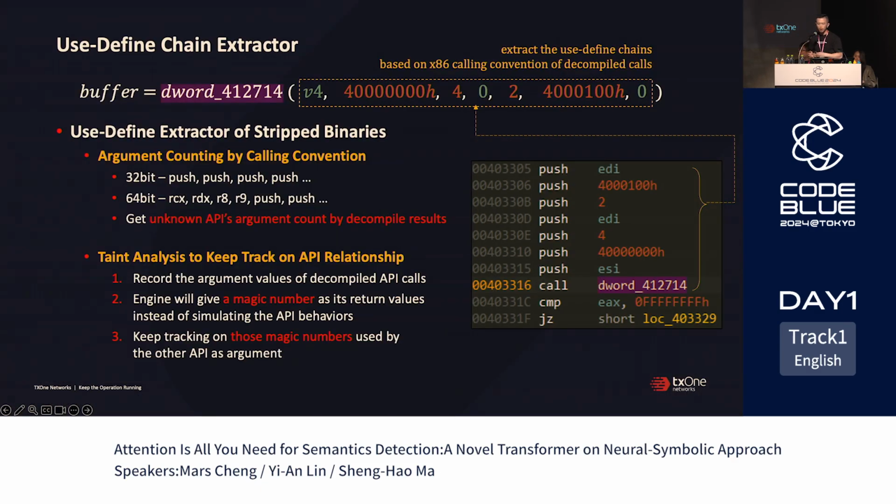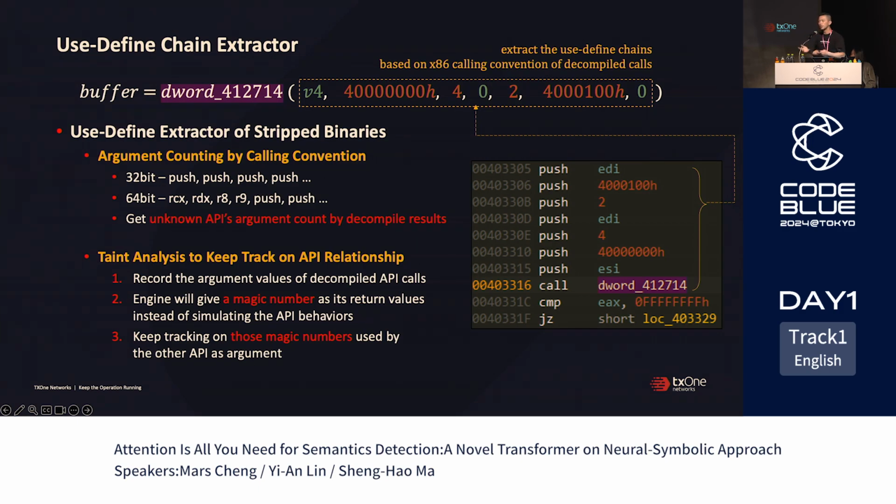So the first question is how do we extract the argument values from the API calls without executing the binary, right? About this, in Black Hat 2022, we shared the idea to build a practical symbolic engine to collect such argument values from any binary. For example, on the right side, you can see a result from the IDA Pro decompile result, and there is a magic number like 40042400100.